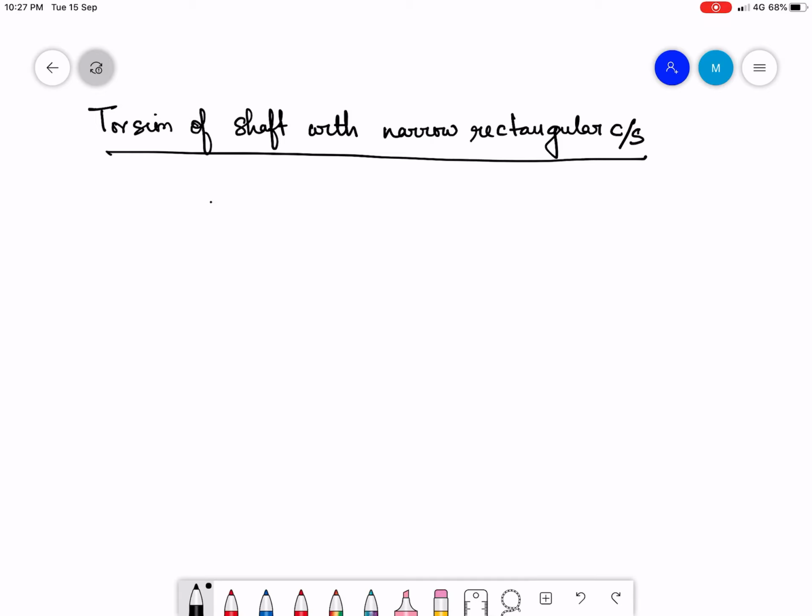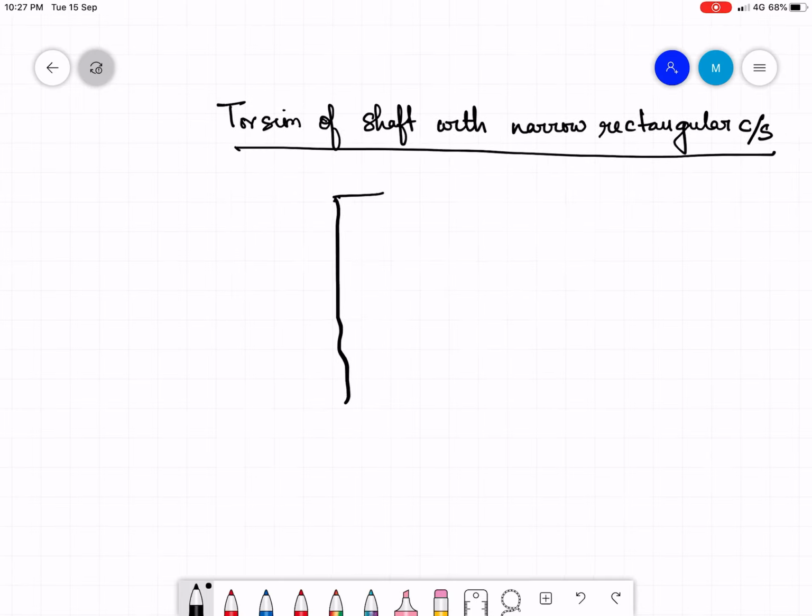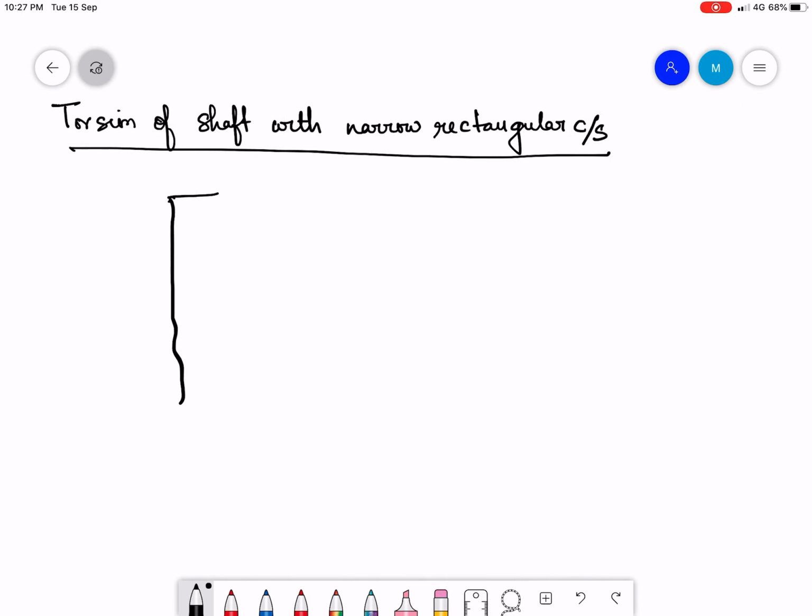So, let us consider the rectangular cross section of the shaft. This is the x axis. This is the y axis.